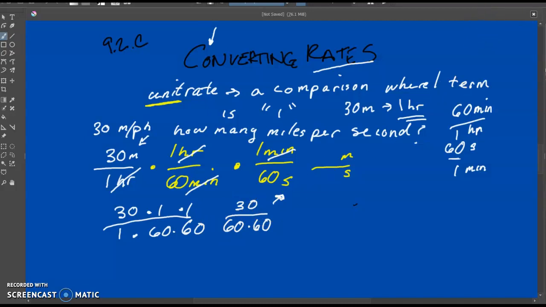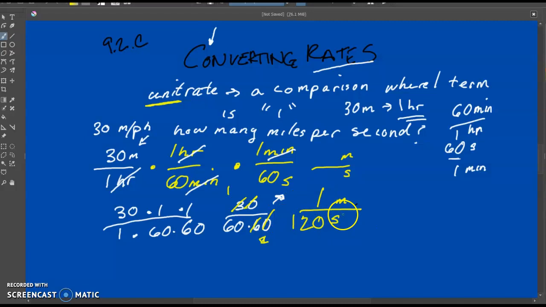I'm actually going to reduce first. So I'm going to look at this, and I'm going to say, all right, well, I can cross out this 0 and one of these zeros on the bottom, so 60 times 6. And then I can cross out this 3 and make it into a 1, and this will become a 2. And then finally, I'm going to be left with 1 mile, and then we have 60 times 2, 60 times 2 is 120 seconds, right?